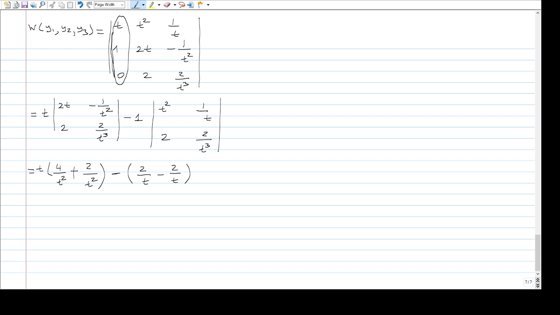Here, 4 plus 2 is 6. So the whole thing is just 6 over t. And remember, t is positive. We are in the interval t greater than 0. So the Wronskian is never 0 in this interval. So this means y1, y2, y3 are independent.